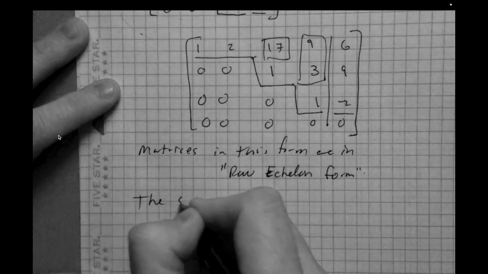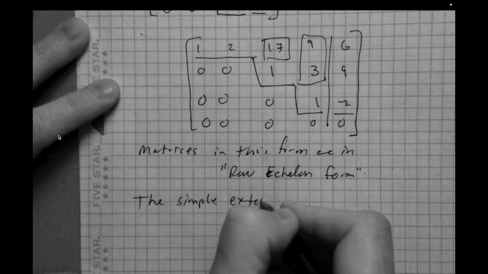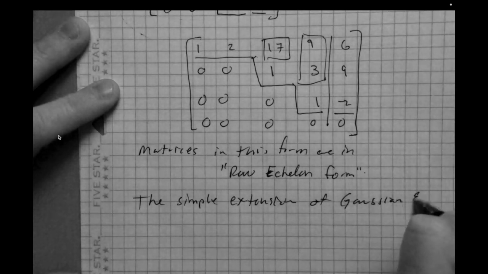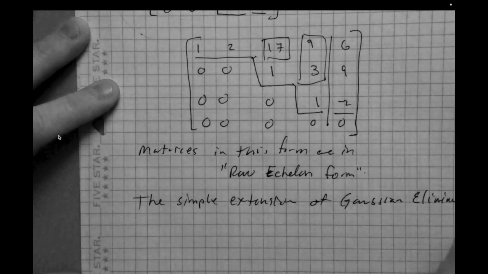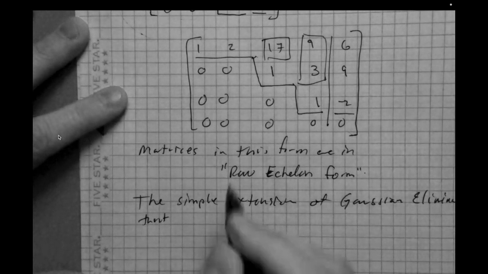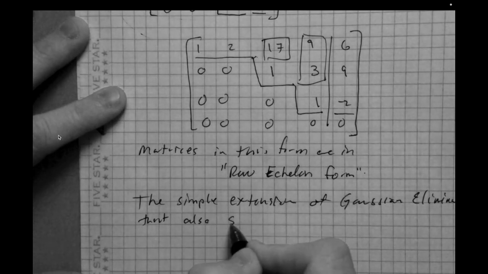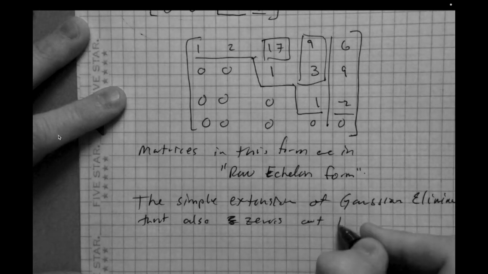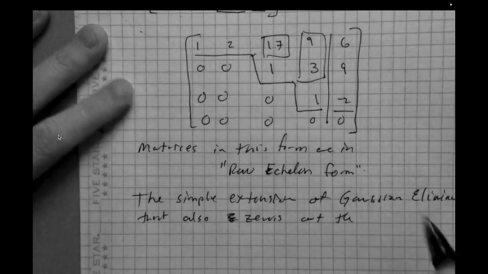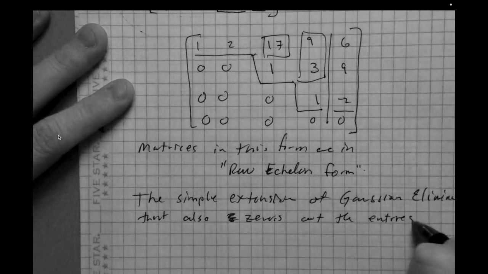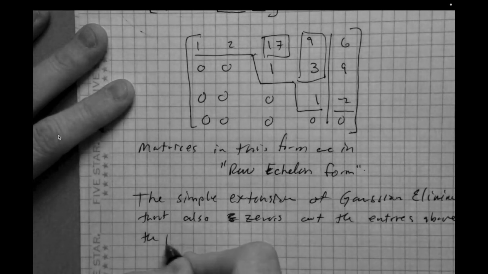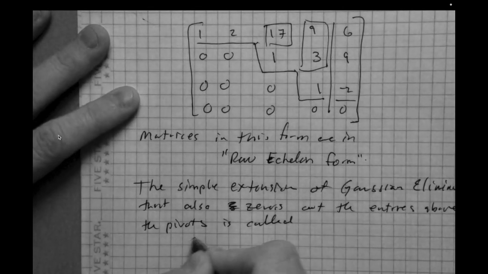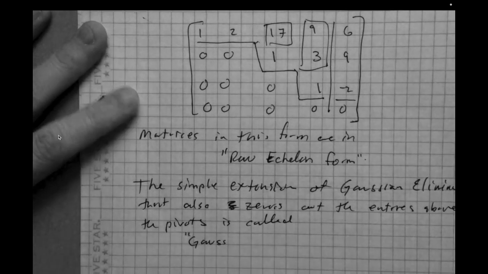The simple extension of Gaussian elimination that also zeroes out the entries above the pivots is called Gauss-Jordan row reduction.